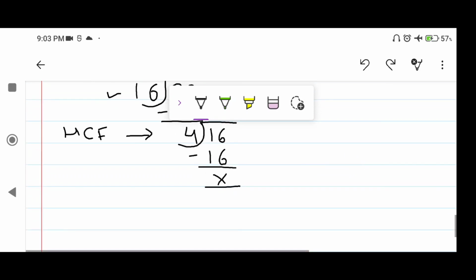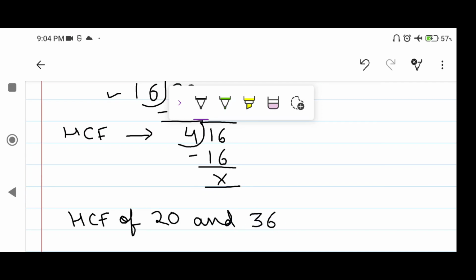So HCF of 20 and 36 is number 4. So here we have discussed finding the HCF of two numbers by the division method.